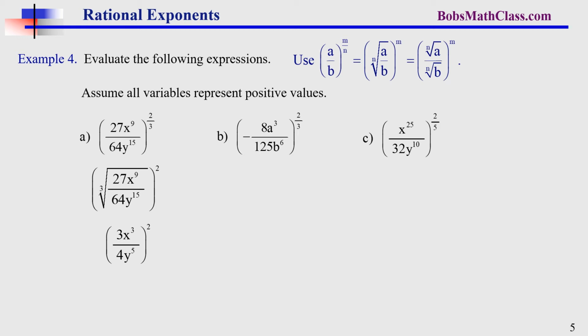The 2 outside applies to both numerator and denominator. So 3 squared is 9, and 4 squared is 16, and then you multiply all the exponents. 3 times 2 is 6, 5 times 2 is 10.